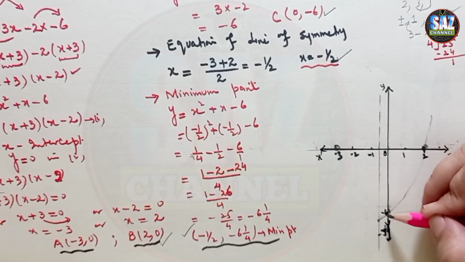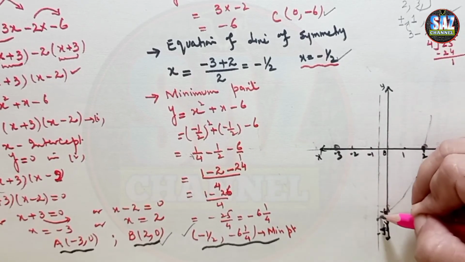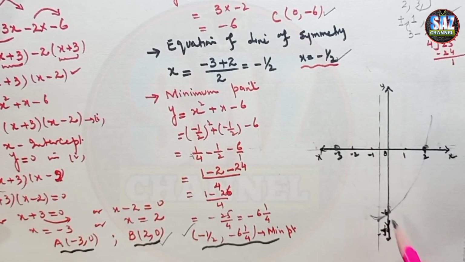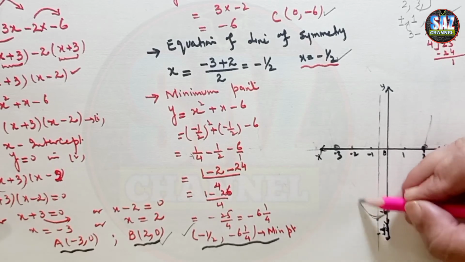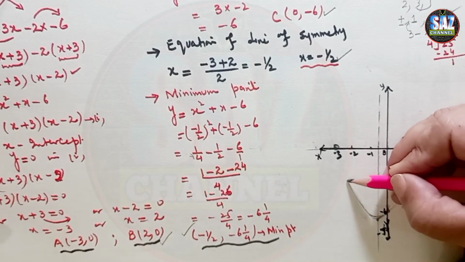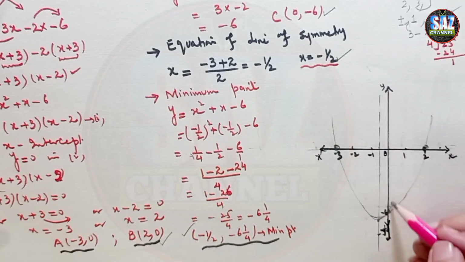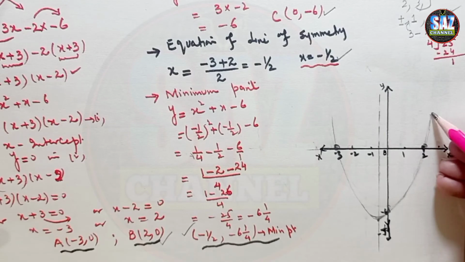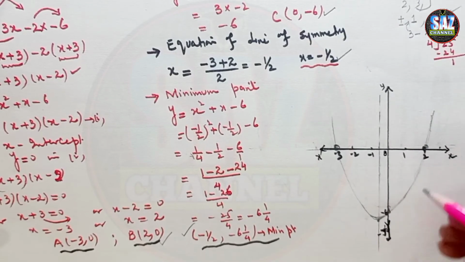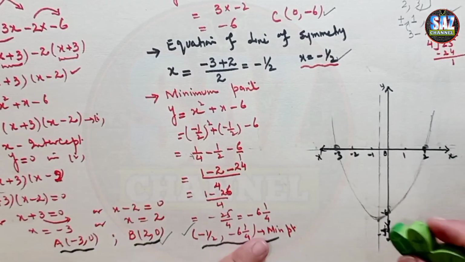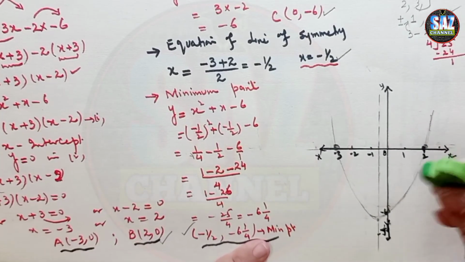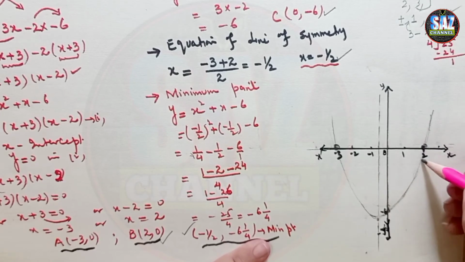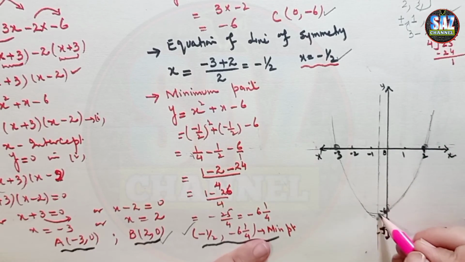In the beginning I do not have to use a perfect and dark pencil, so that if I'm not getting a good sketch, I can remove it easily, because in the exam we will not have so much time to make the axes again and do the whole procedure again. So in the beginning you have to get the rough idea, and then you have to go for perfection.